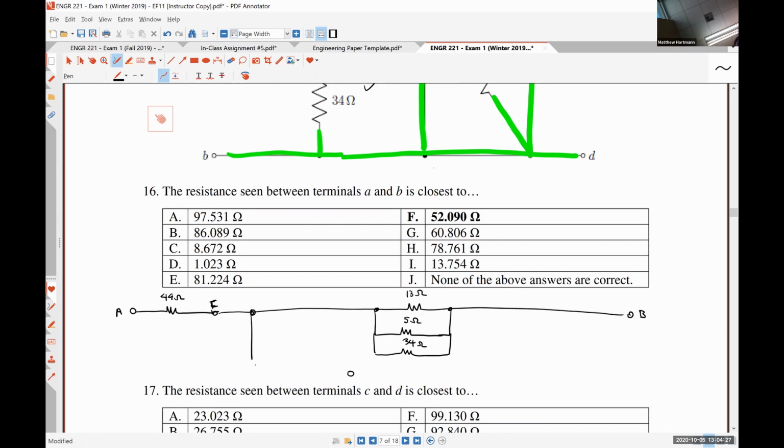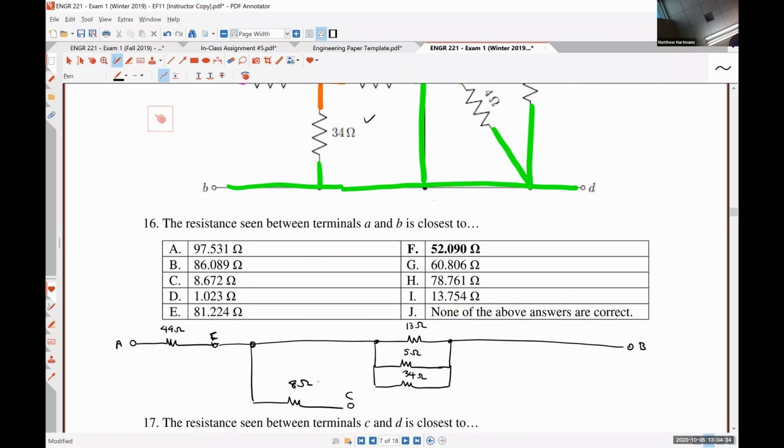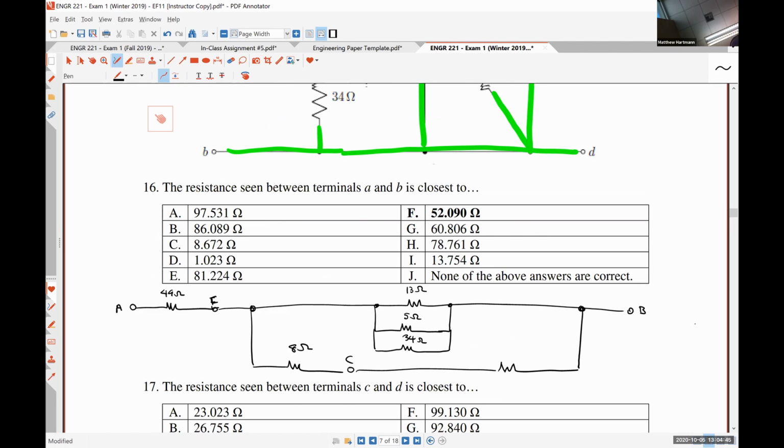So let's just put C here for the sake of argument, which is the 8 ohm resistor. And from C to D is through the 50 ohm resistor, or excuse me, C to B. C to D, which is also B. 50.